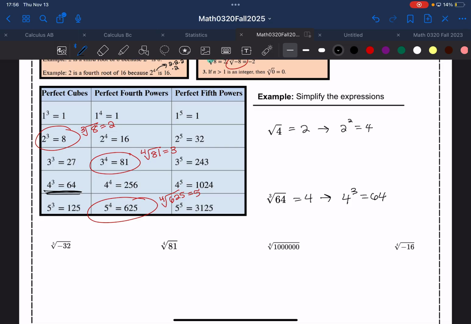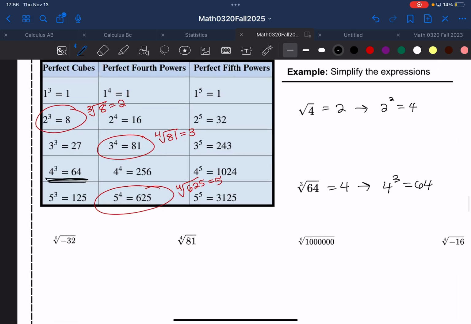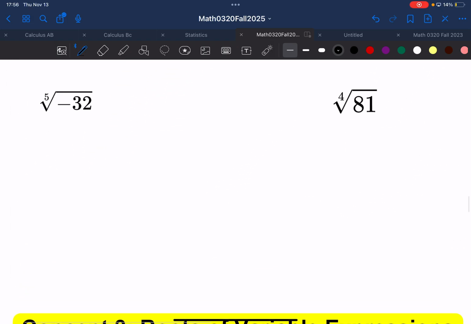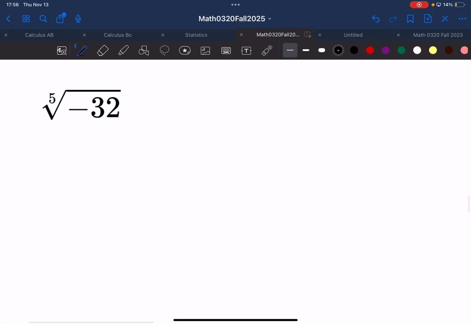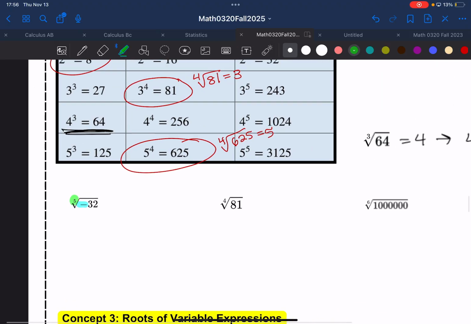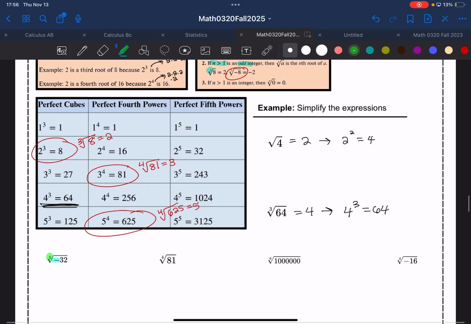Okay, so then the next one says we have the fifth root of negative 32. So you should see here we have a negative, and then you're supposed to check this root here and see if the root is what? Odd. Is 5 odd? Yes, which means we can have the negative. So we could see if this is on our chart. The fifth root of 32, so we're looking for the number 32 to the fifth power on there.